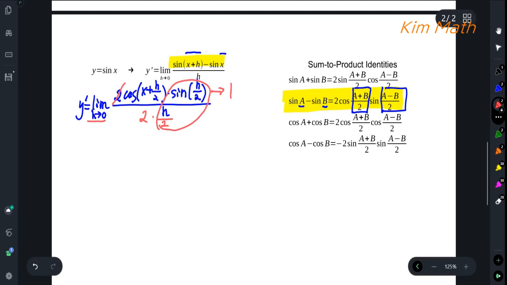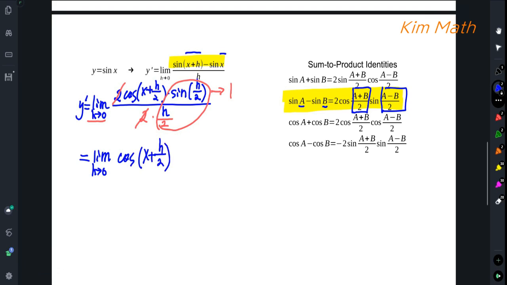And these two things also cancel out. So you have only the limit as h approaches 0 of cosine of x plus h over 2. When h approaches 0, yes, this approaches 0. So you have only cosine of x. Okay?